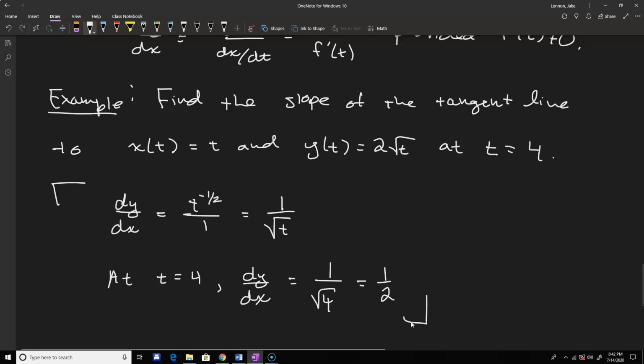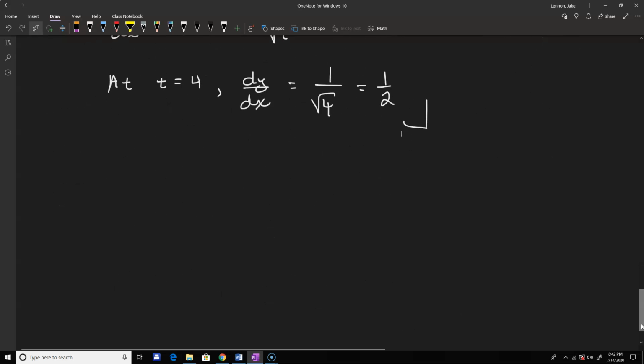Okay, so now let's talk about the arc length formula, and remember how we found the arc length formula in general.